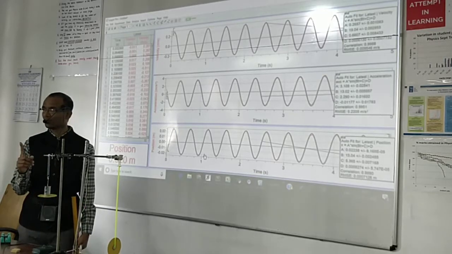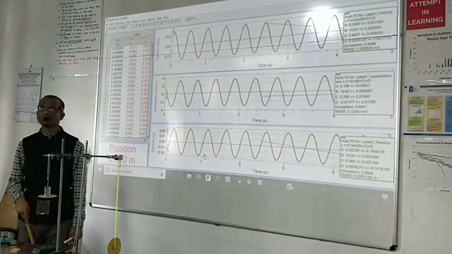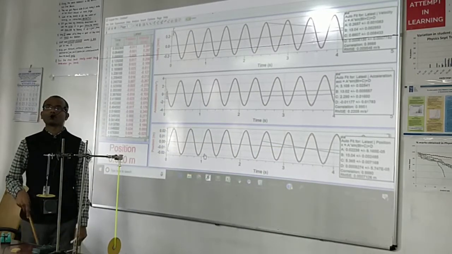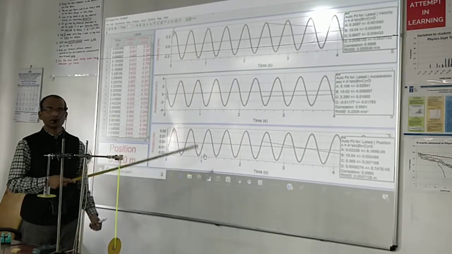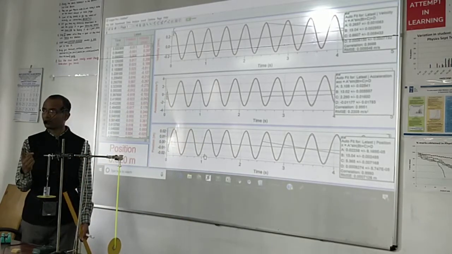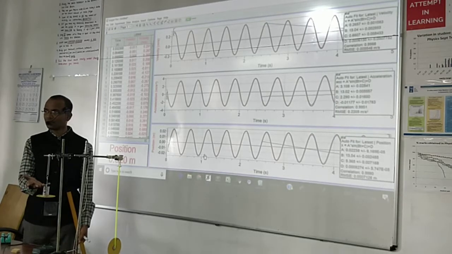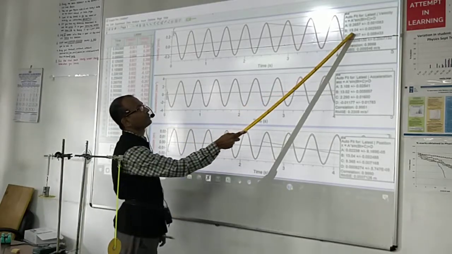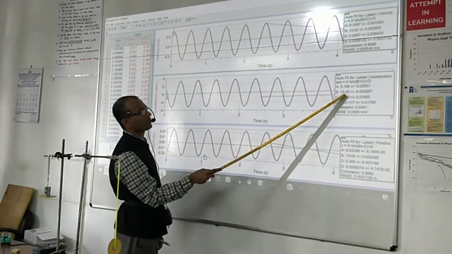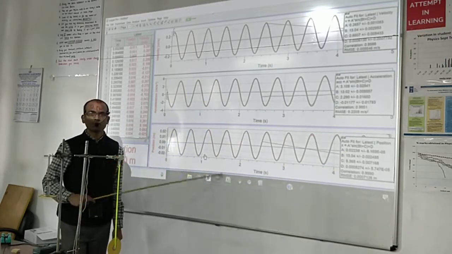So do you think in all these three equations the B value will be the same or different? It has to be the same, because all of them repeat their motion every cycle, in the same way, right? So check it. What is B here? 13.04, 13.02, 13.04. So all three have the same periodicity.